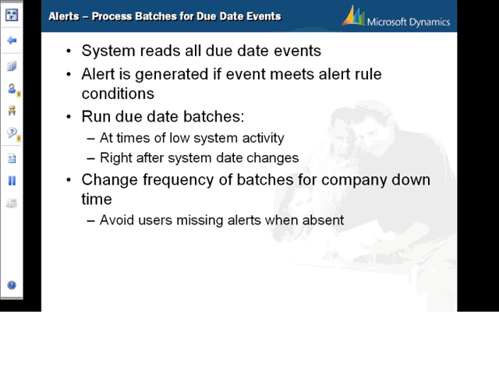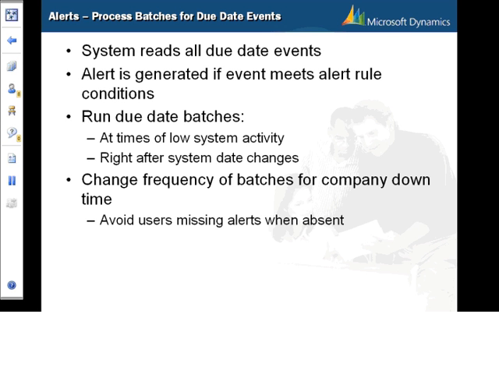The batch process generates an alert when an event matches the rule conditions. So for due date events, you might want to set up batch jobs that execute during the night or at a specific time of the day to balance the system load. You should at least set up the batch to execute one time a day.